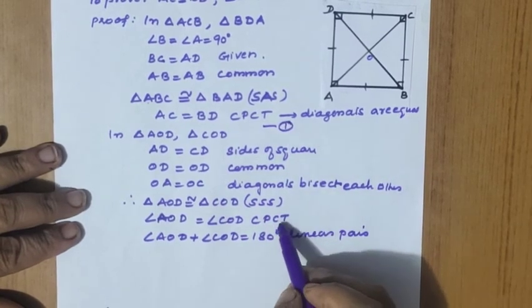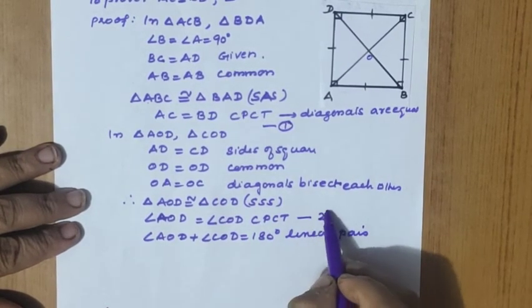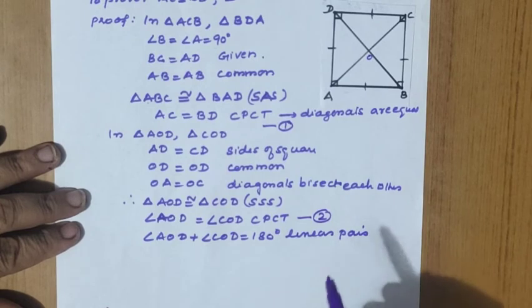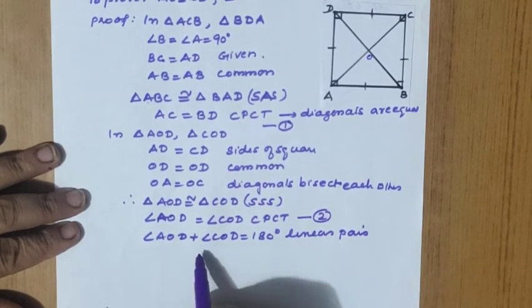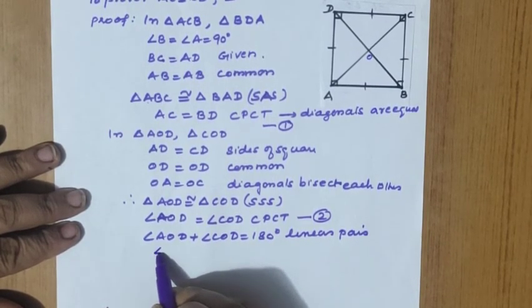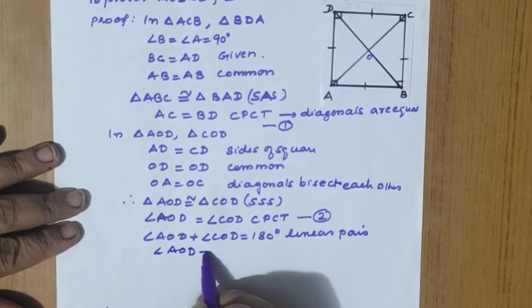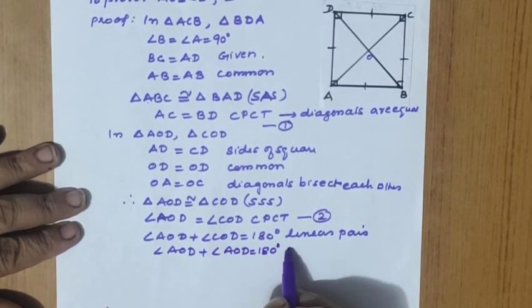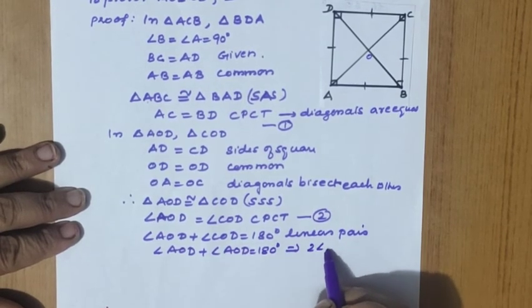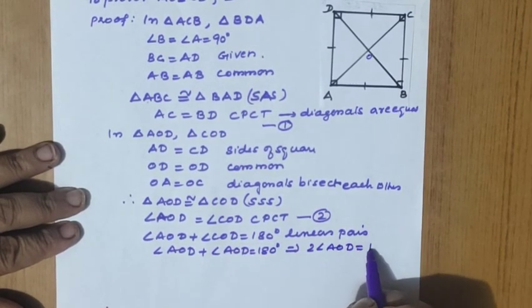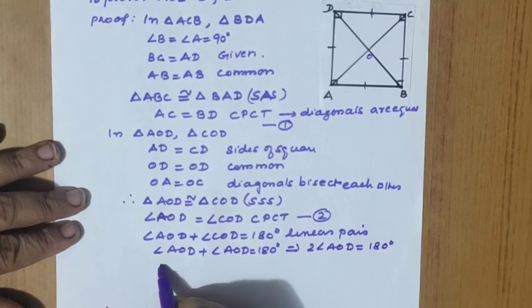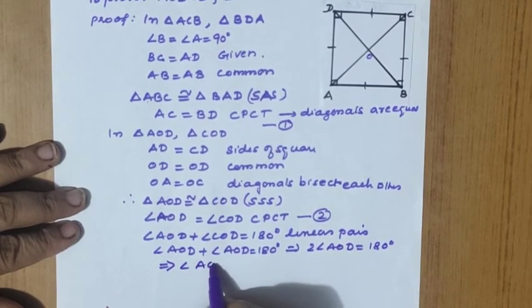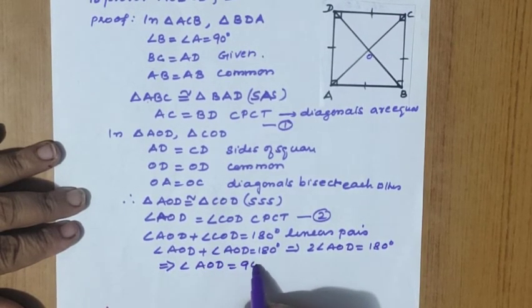Next is the CPCT, so let us make it 2. And now the linear pair, angle AOD plus angle COD equals 180. That means angle AOD plus angle AOD equals 180 degrees, which implies 2 times angle AOD is 180. Therefore, angle AOD equals 90 degrees.